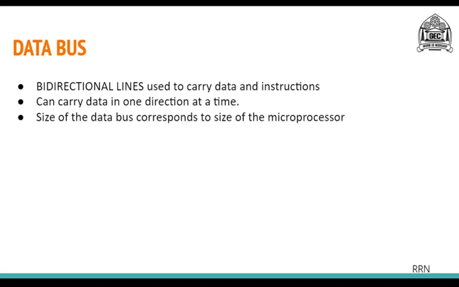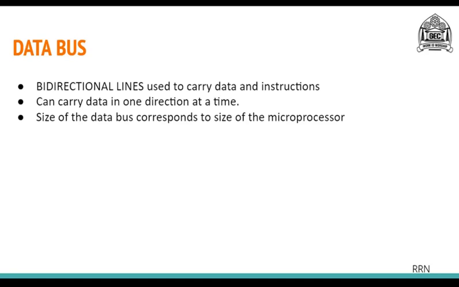So at a particular operation, there can be data transmission in one direction only. When the write function is performed, the data flows from the microprocessor to the memory or output device. When the read operation is performed, the data flows from memory or input devices into the microprocessor.